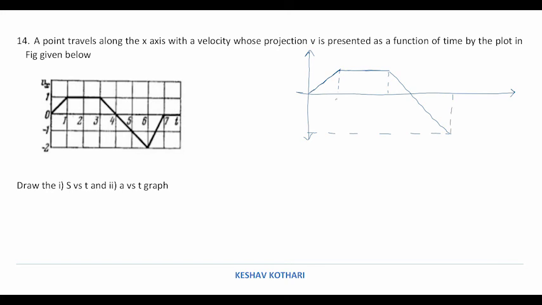So this is the 1 second mark, this is 3 seconds, this is the 4 second mark, this is 6 seconds. And from 6 seconds to 7 seconds, again the velocity starts rising, and we say that the acceleration is positive. So it is 1 meter per second, and this is minus 2 meters per second.